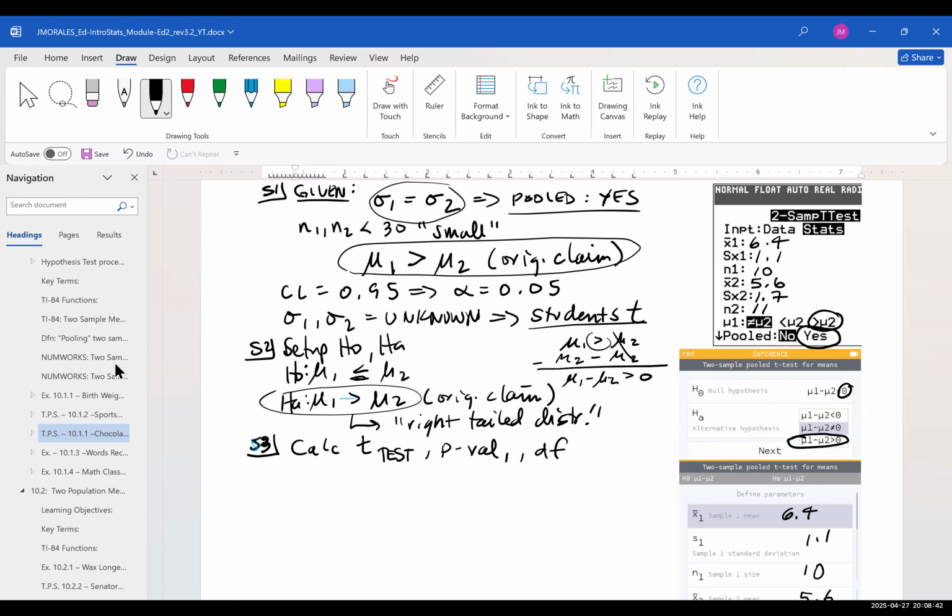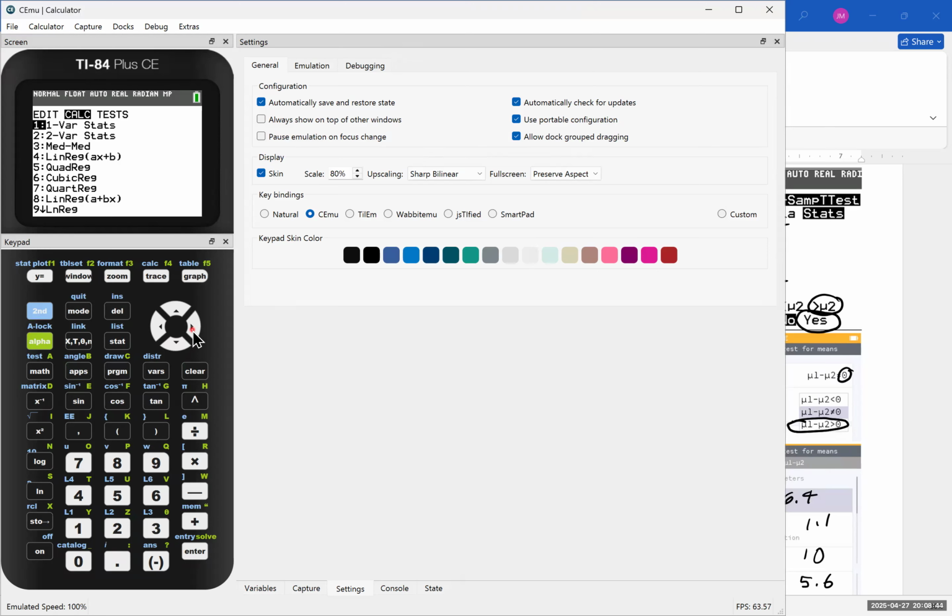Okay, let me clear that. So I'll hit stat, go to tests, go down to two-sample t-test. Okay, we want to input statistics. So here, x bar 1 is 6.4. S1 is 1.1.